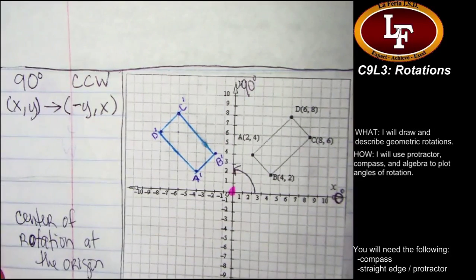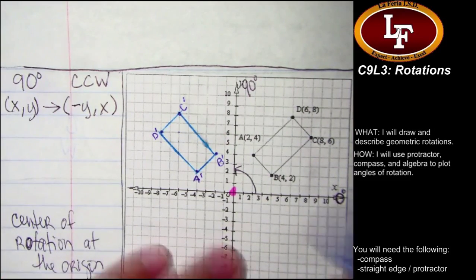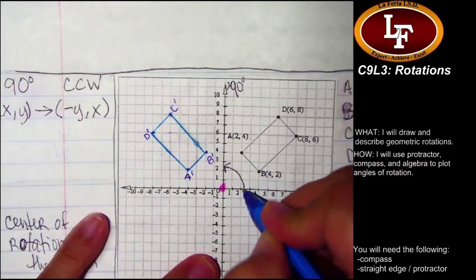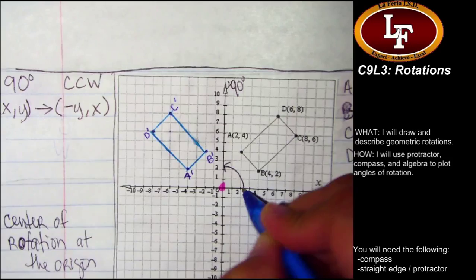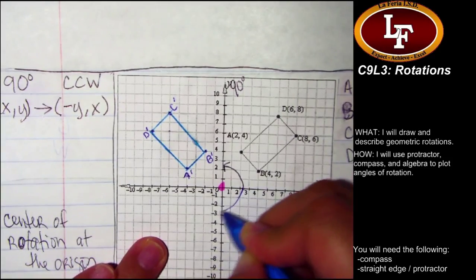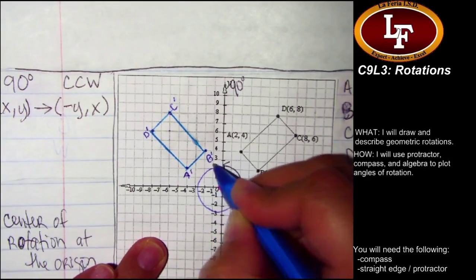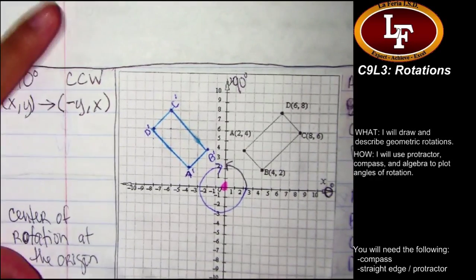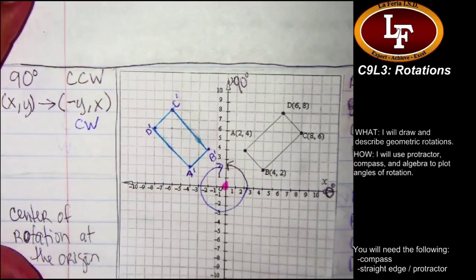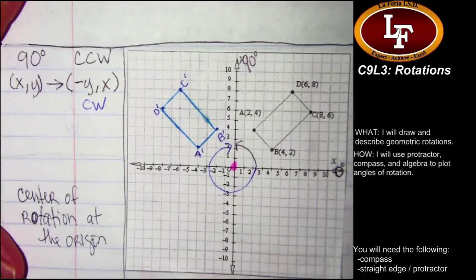Okay? So the question is, what if I started in the same spot, but instead of going counterclockwise, what if I went clockwise? How far in degrees would I need to go to end up in the same location? 360? 180?